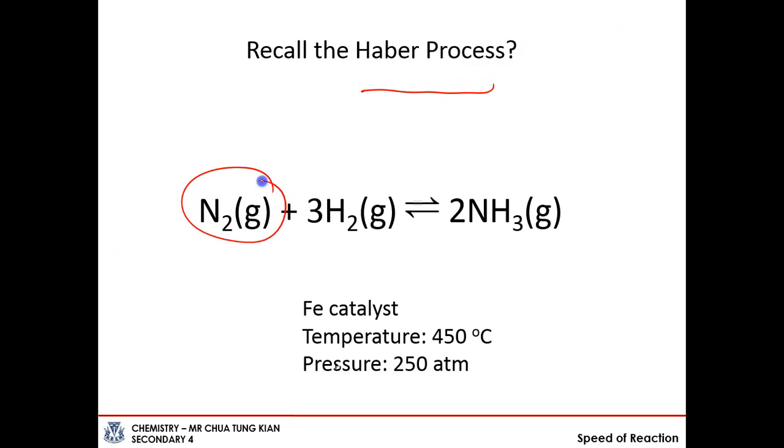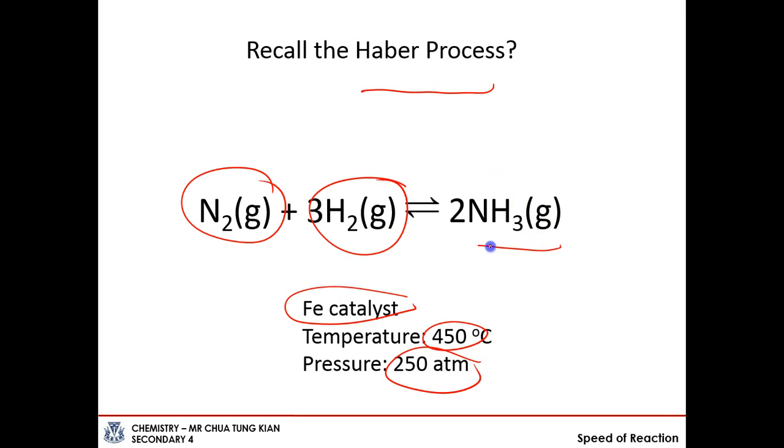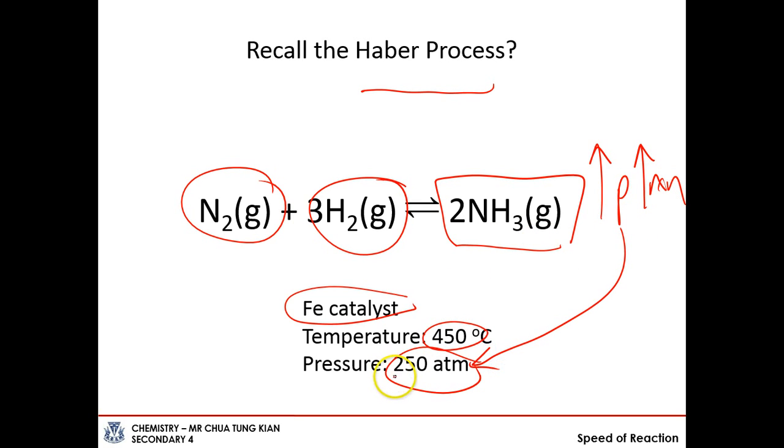So N2 gas reacts with H2 gas in the presence of a catalyst at 450 degrees Celsius and 250 atm to give me ammonia. So if I were to increase the pressure, I will increase the rate of reaction. So that's why you notice that the pressure here is pretty much way above what is normal.